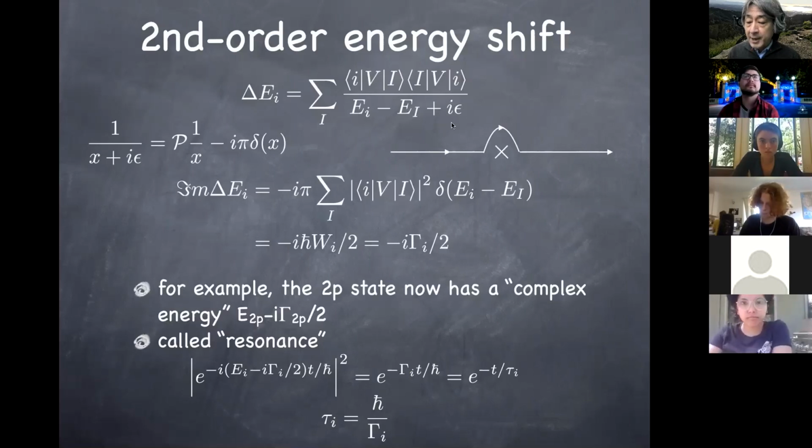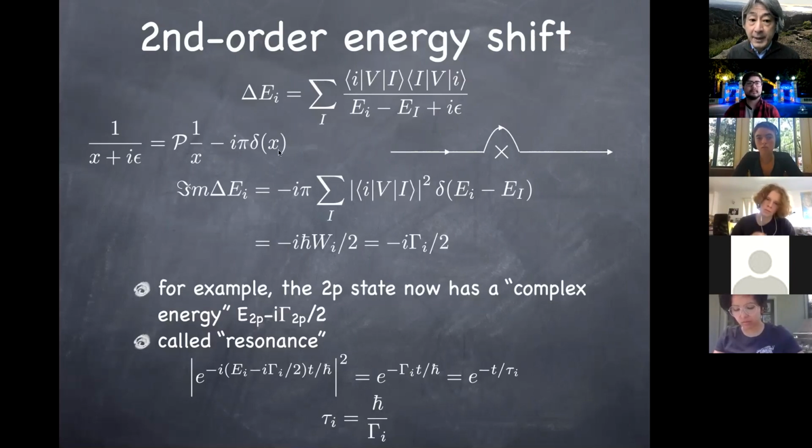And thanks to this i epsilon we derived from the time-dependent perturbation theory to make sure that all time integrals converge, this i epsilon would dictate this particular contour to go around the pole. And this contour has this semicircle in it.